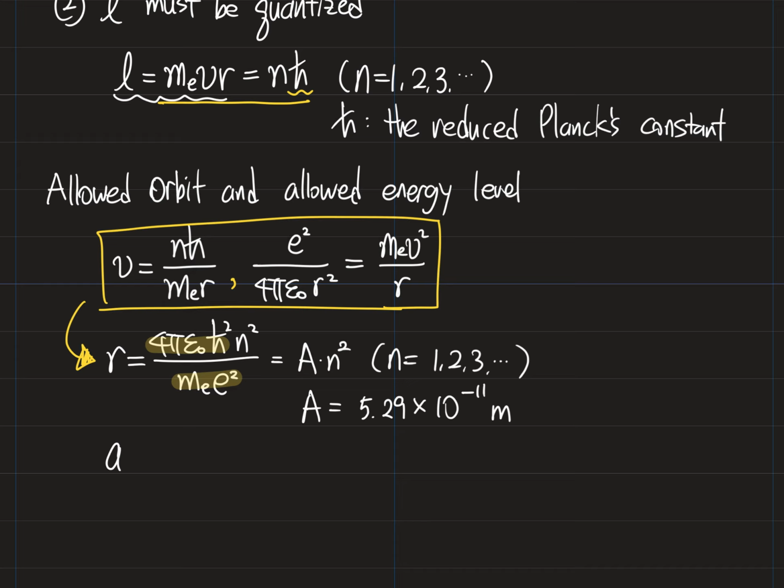This value is simply a multiplied by 1 squared, so it is equal to a. This is 0.529 angstrom. And you can go to a higher level to find a larger allowed orbit.